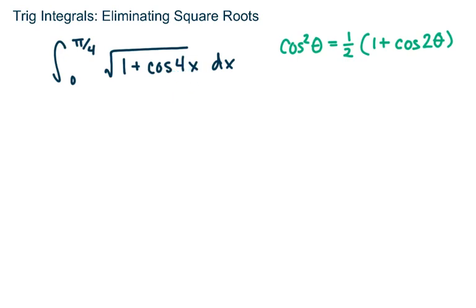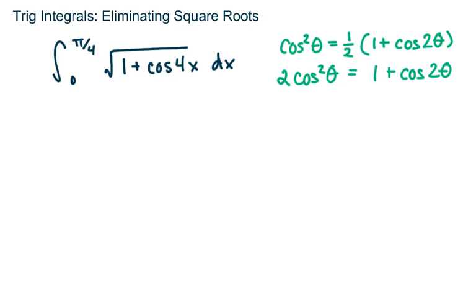So I could also rearrange the given identity and say 2 cosine squared theta is 1 plus cosine 2 theta.